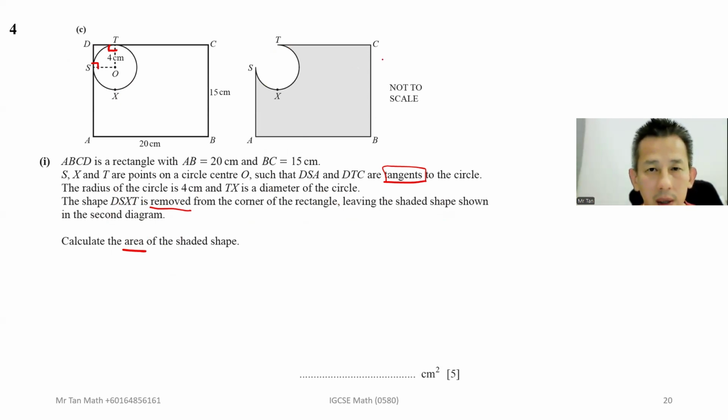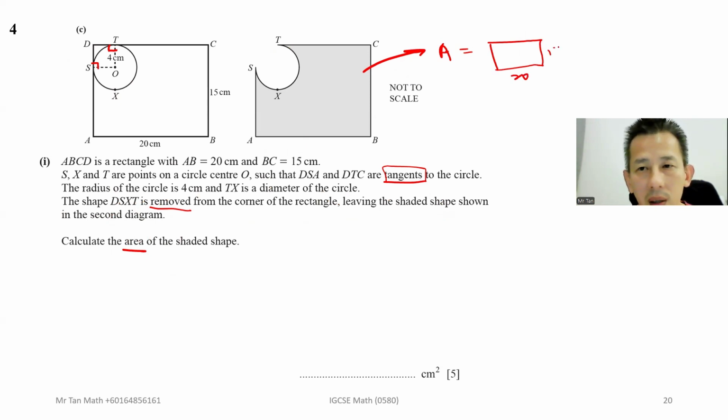To calculate the area of the shaded shape, you take the rectangle, which is 20 by 15, you minus the small square, which is 4 by 4, and then you minus 3/4 of the circle with radius 4.